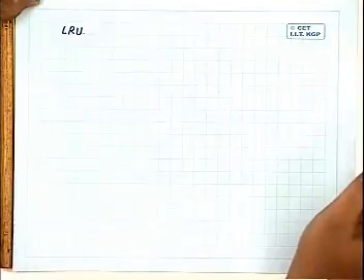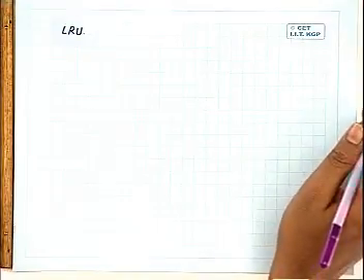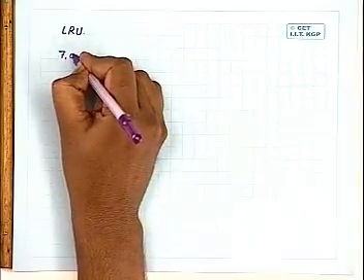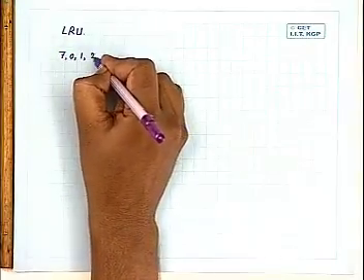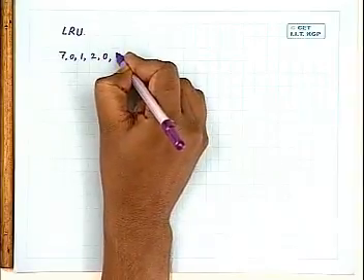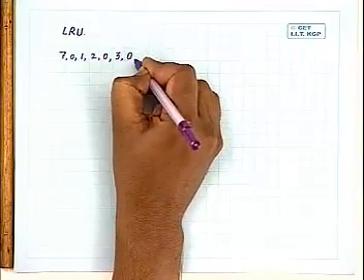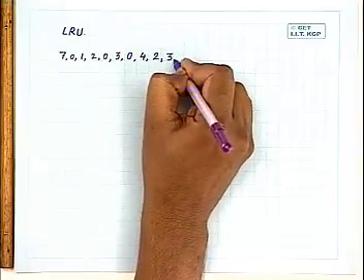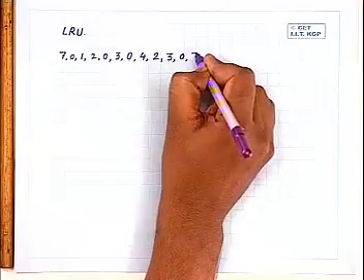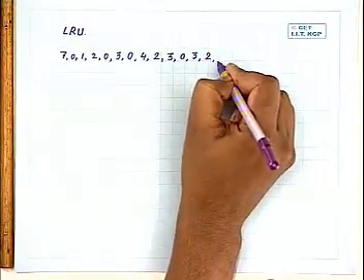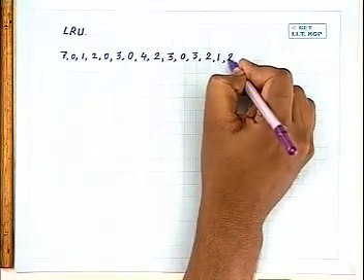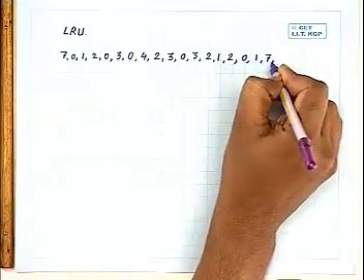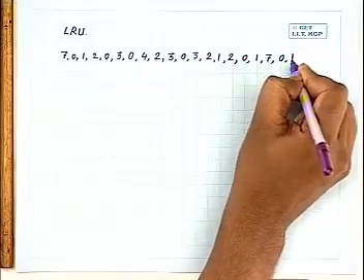technique. To discuss this LRU technique, we will take the same page trace, that is 7, 0, 1, 2, 0, 3, 0, 4, 2, 3, 0, 3, 2, 1, 2, 0, 1, 7, 0, 1.